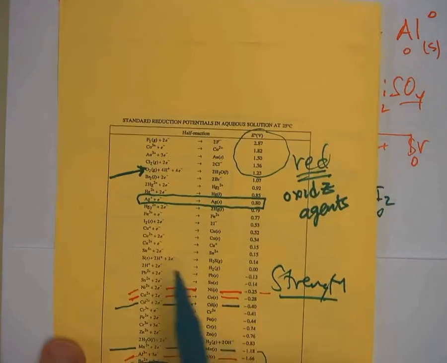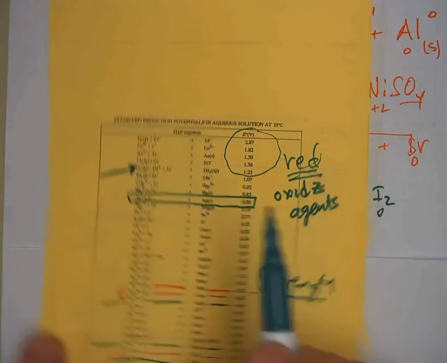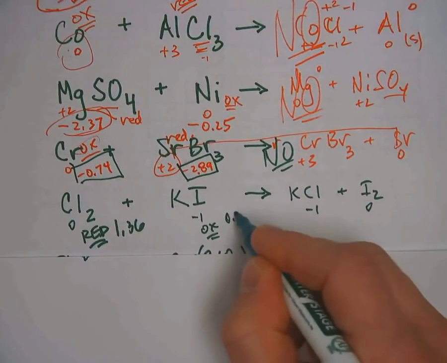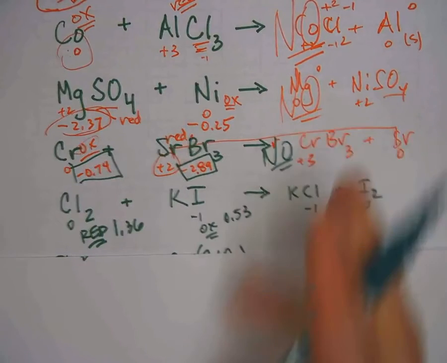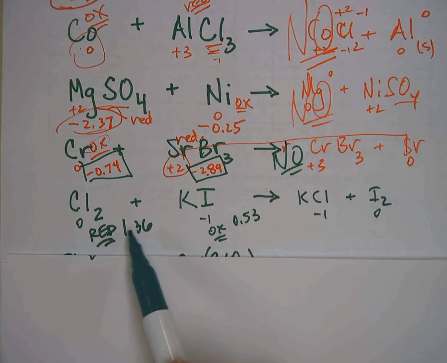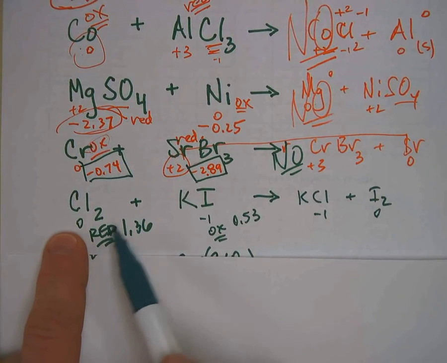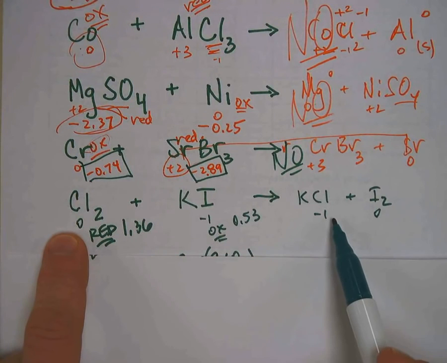That's on here too. Iodine right here is 0.53. Okay? So what's happening in this one is chlorine is being reduced from 0 to -1.